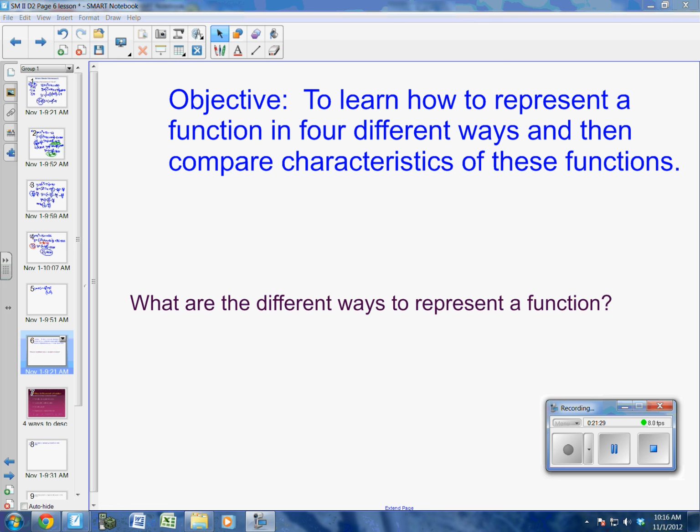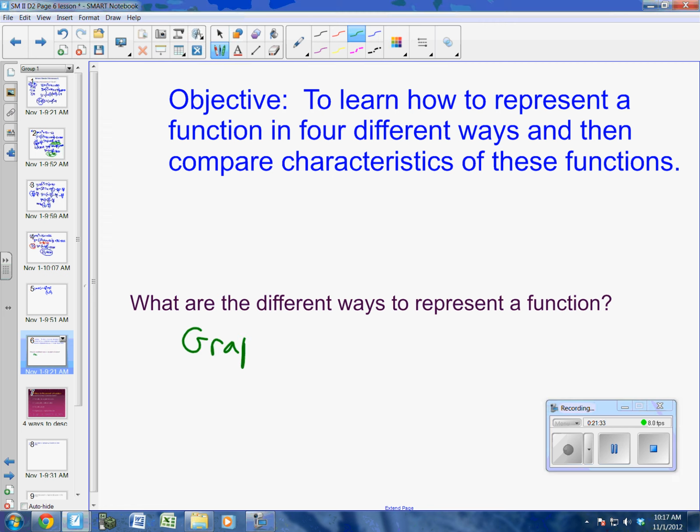There's one right there. Okay. A graph is one. A linear is a type of function. An equation. Thank you, Max. So graph and equation, what? Okay, an XY chart. We call that a table.